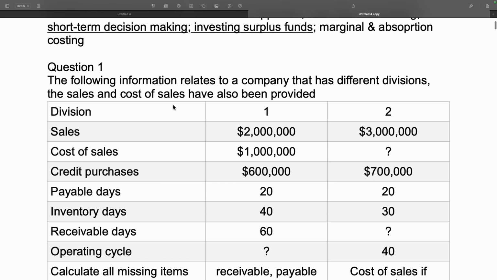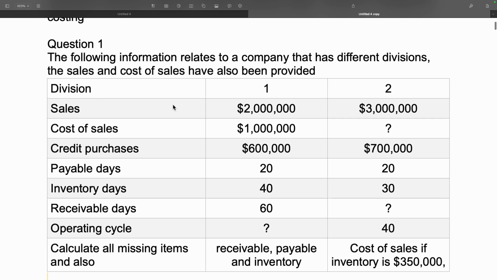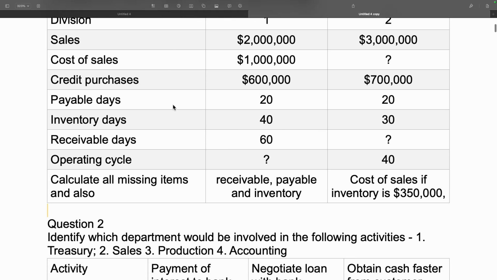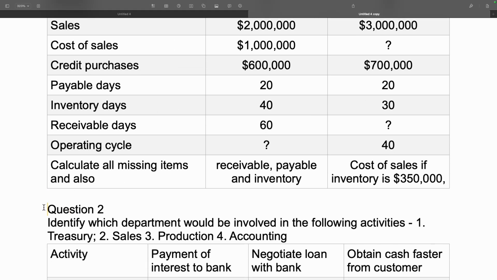When you're calculating this one, let's look at what you're calculating. You're calculating receivable.